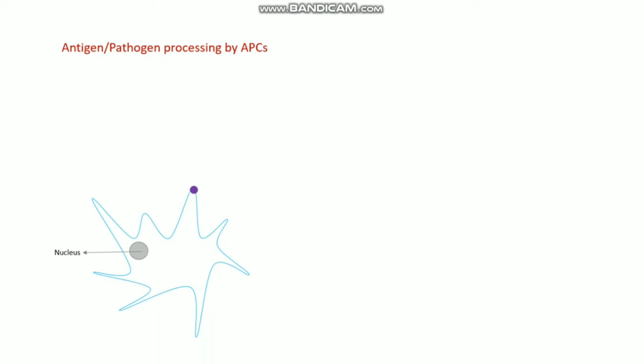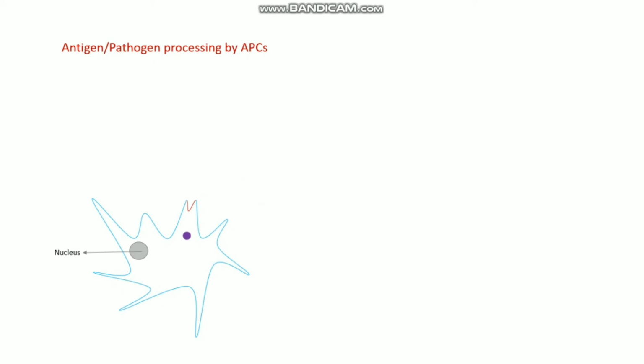So let's have a look at how antigen presenting cells process and present the pathogens. When the antigen presenting cell recognizes any bacteria by the TLR receptor, it internalizes it by the phagocytosis process.